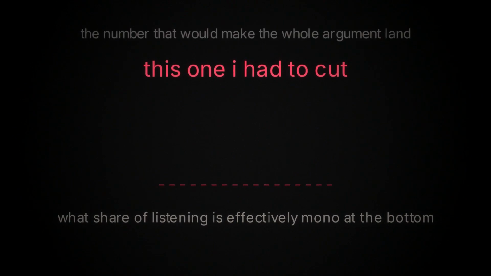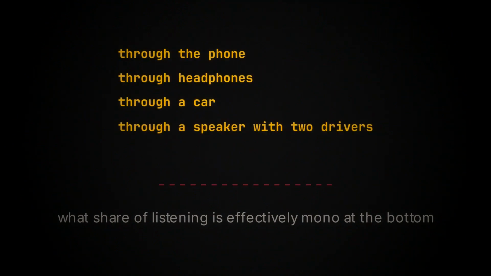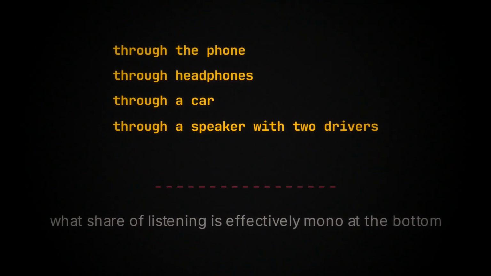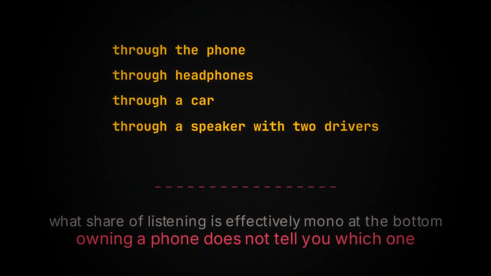Okay, so this one I actually had to cut, and cutting it in front of you is more useful than keeping it. I wanted to tell you what share of listening happens on something that's effectively mono at the bottom. It's the number that would make the whole argument land. I couldn't find one. Phone sales don't answer it, because owning a phone doesn't tell you whether the sound left through it. Through headphones, through a car, or through a speaker with 2 drivers in it.